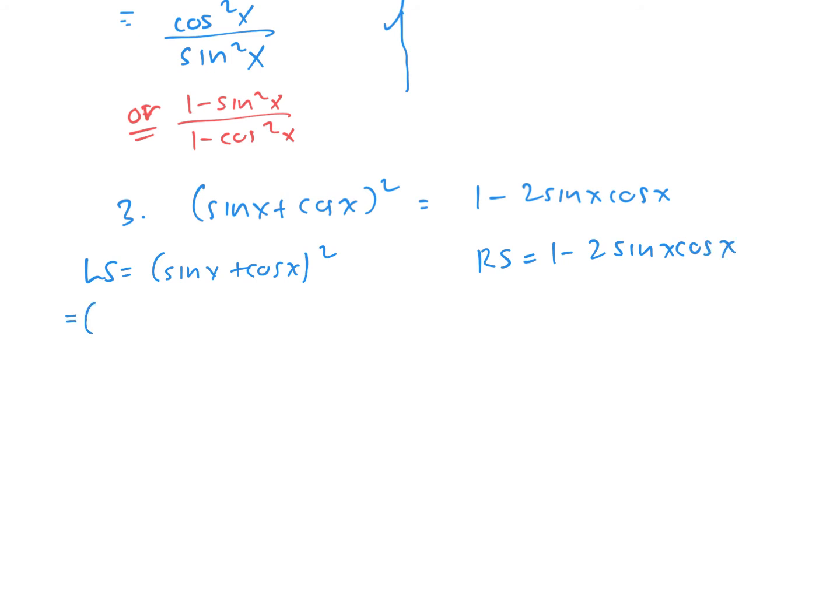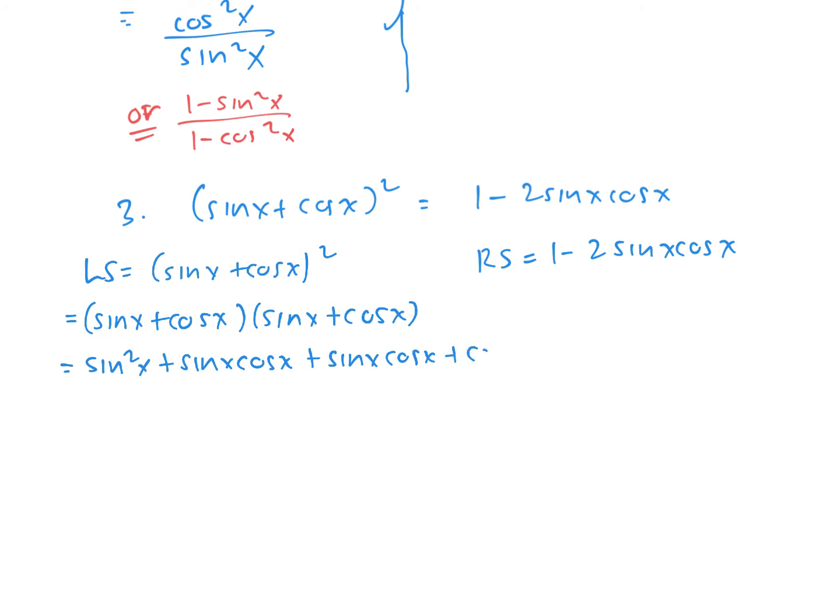So the left side, I could expand. Everything is in terms of sine and cosine, so what can we do to simplify? Well, we could expand this. So sine times sine, we get sine x times cosine x, we get cosine x times sine x, and then we get cos x times cos x.